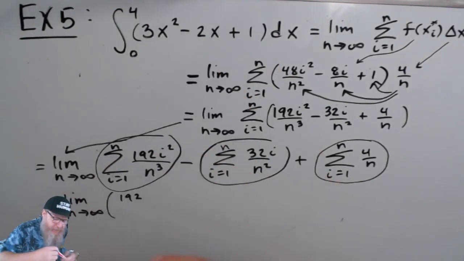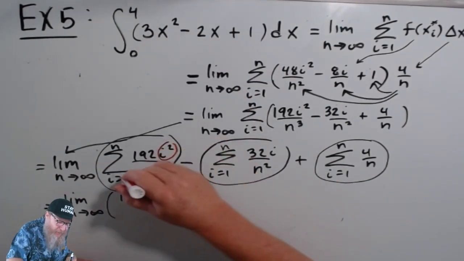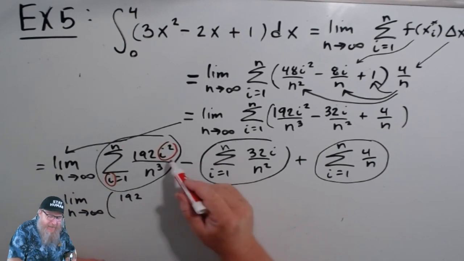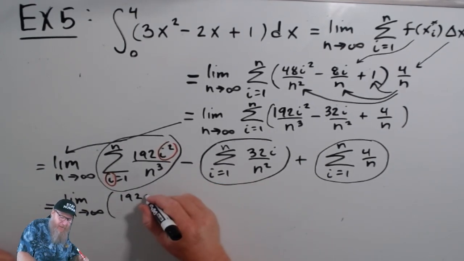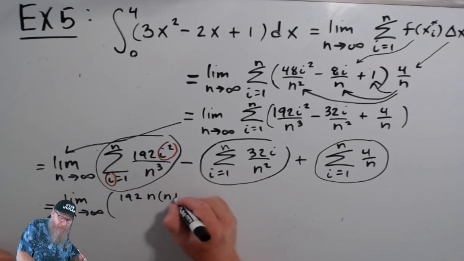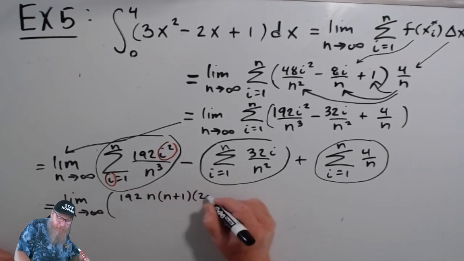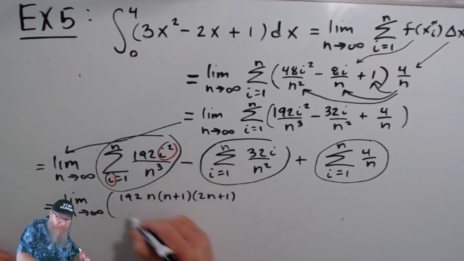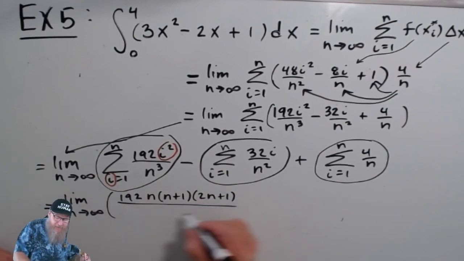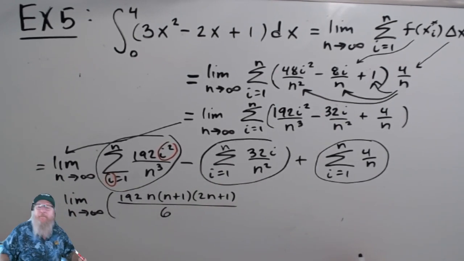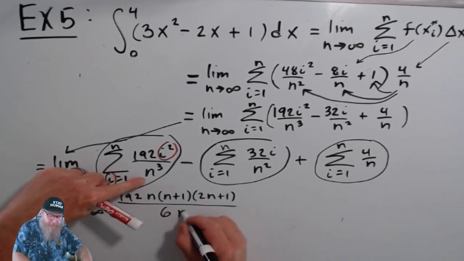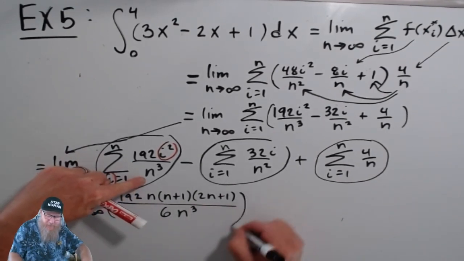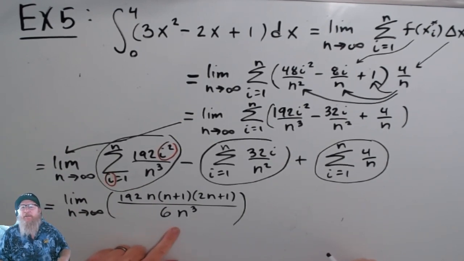Then there's a recipe for i squared, remember? i is the index, so use the recipe for i squared. That's going to be n times n plus 1 times 2n plus 1 over 6. And then because you have this n cubed here, it's going to be 6n cubed.